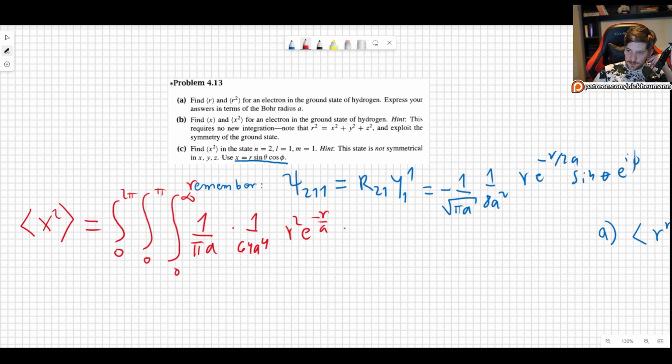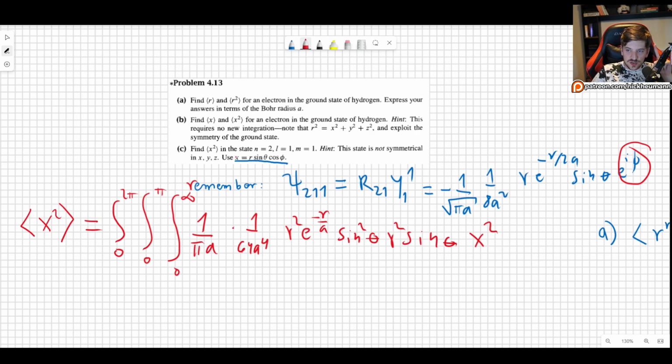That 2 goes away, sine squared of theta, and this exponent will cancel out because we're not really squaring, we are multiplying by the complex conjugate, so the exponent will cancel out. It is multiplied by e to the minus i phi. And then we have r squared sine theta because we're integrating in spherical coordinates, and then comes x squared.